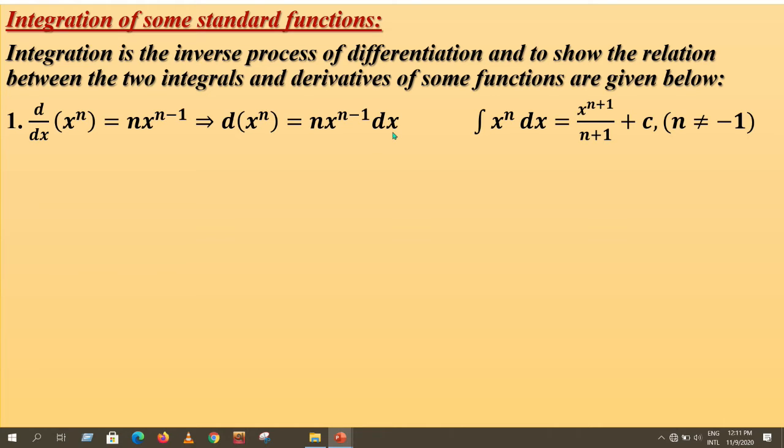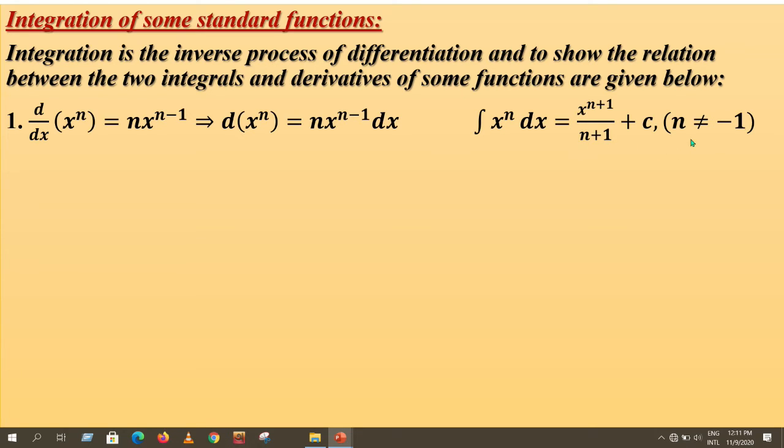When we use integration, we get x to the power n on the left side and the integration of n x to the power n minus 1 dx on the right side. The integration of x to the power n dx equals x to the power n plus 1 divided by n plus 1, plus c, where n is not equal to minus 1.